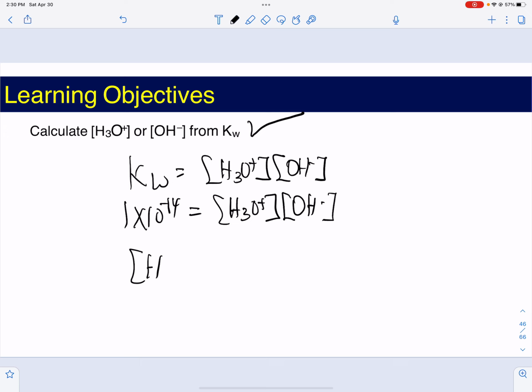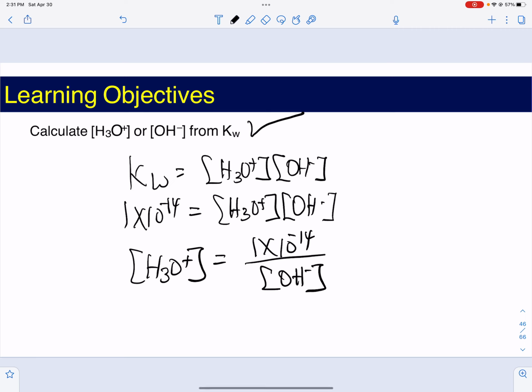If you need to find the hydronium or hydroxide, you will do 1 times 10 to the minus 14 divided by the concentration of the other, or vice versa. And with that, we're done with this part of the lecture.